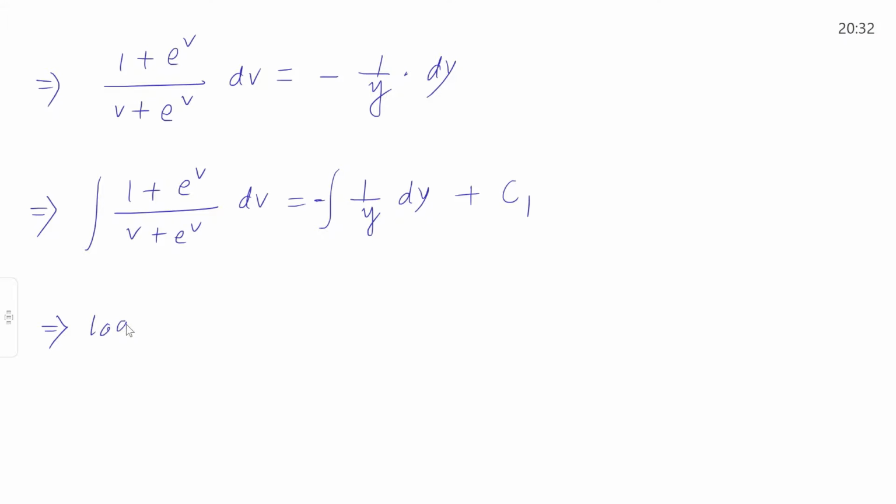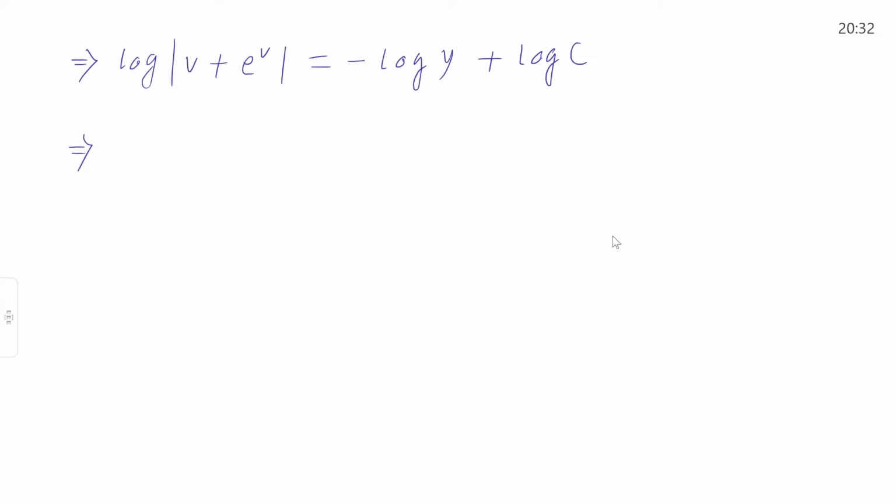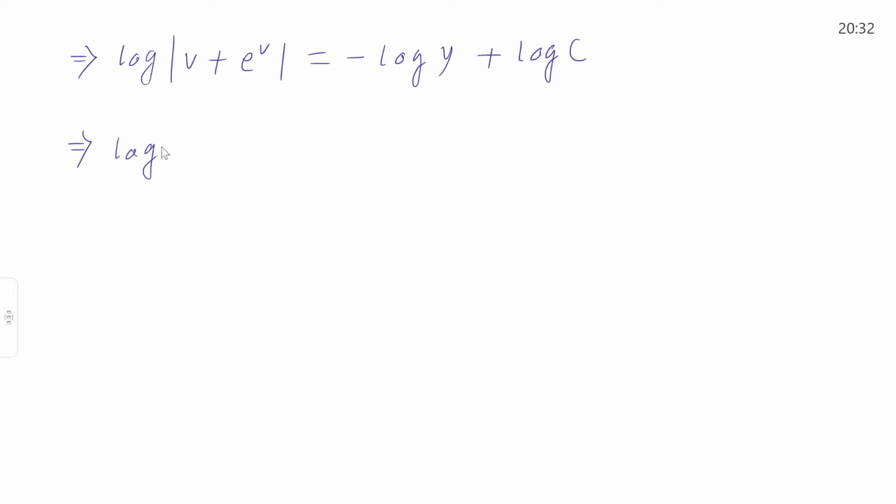So it is simply log of v plus e to the power v is equal to minus of log y plus, since both of the terms are with logarithms, therefore I write log of c here in place of c1, and that implies log of v plus e to the power v is equal to log of c by y.